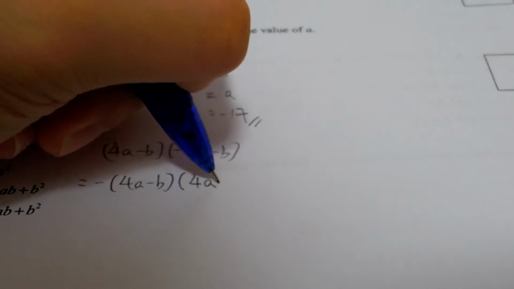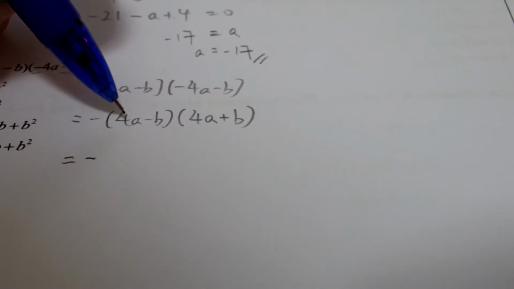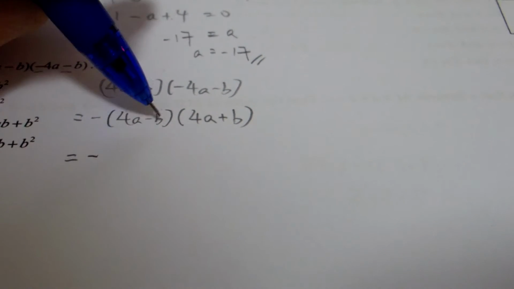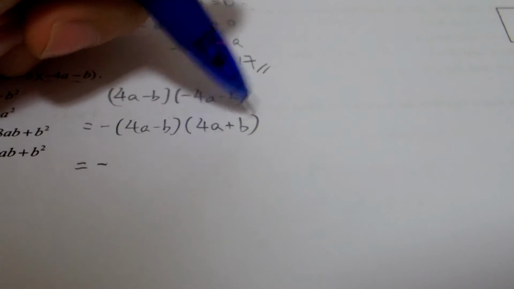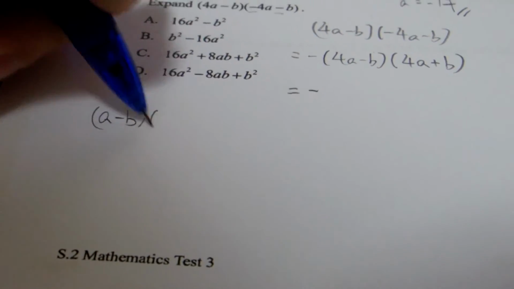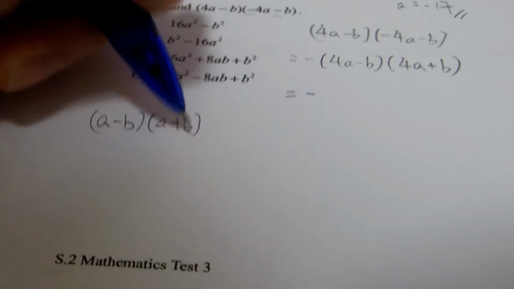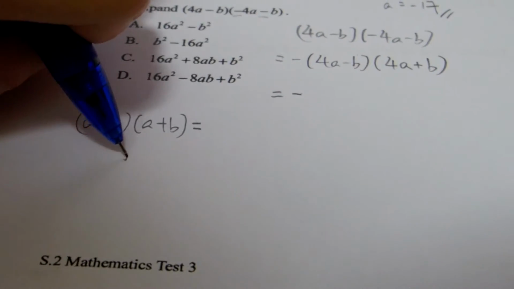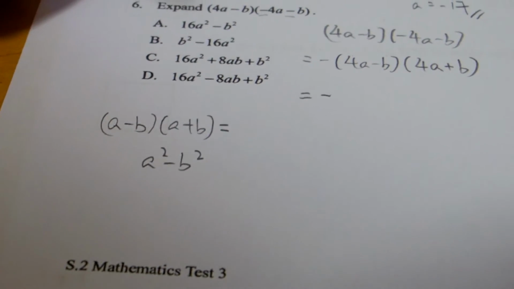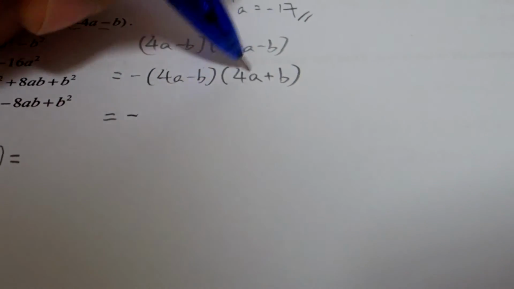And what do you get here? Should be plus. So according to the identity, as you can see, this is this thing minus this thing, and this thing plus this thing. So if you remember, whenever you have this thing, it always equals this.